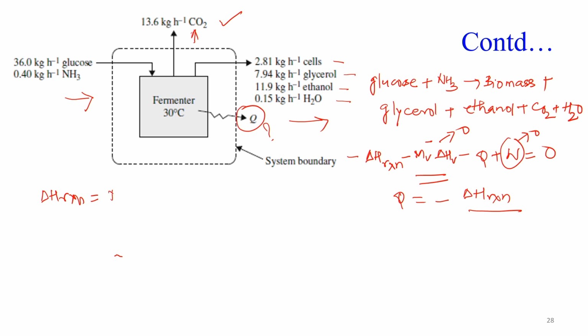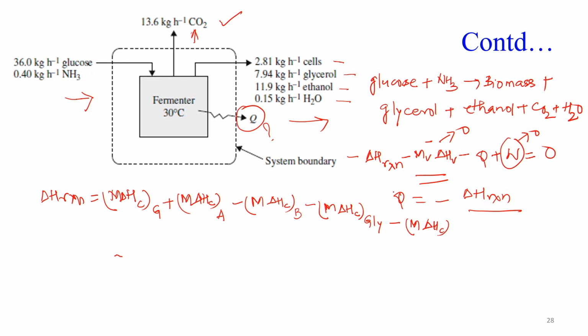It says m delta Hc of glucose plus m delta Hc of ammonia, minus m delta Hc of the outlet biomass, minus m delta Hc of glycerol, which is one product, minus m delta Hc of ethanol, another product. And the delta Hc for CO2 and H2O is 0.